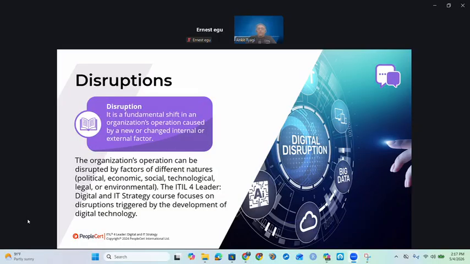This particular course focuses on disruptions triggered by the development of digital technology. So again, we can understand this from a perspective that there is new emerging technology that we see very often now. It's very frequent that we would see a new technology coming up. So how do these new technologies or new innovations essentially affect the overall organization is what we understand here.